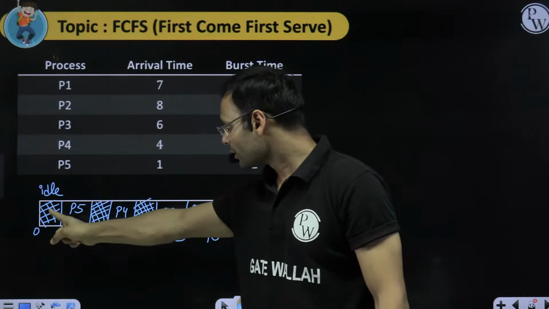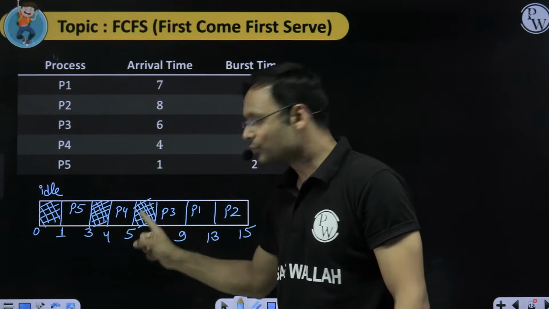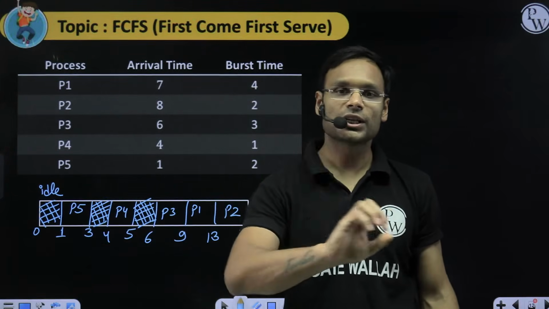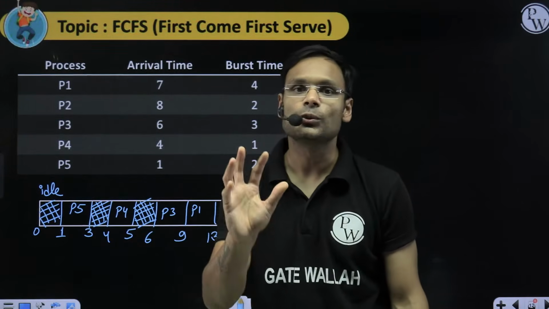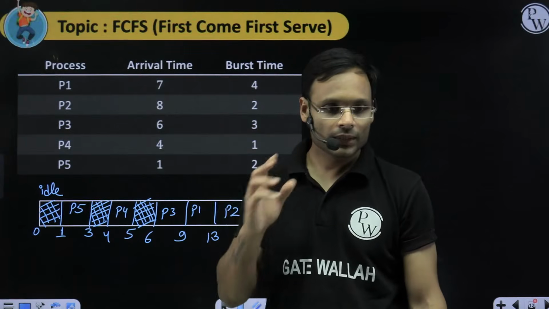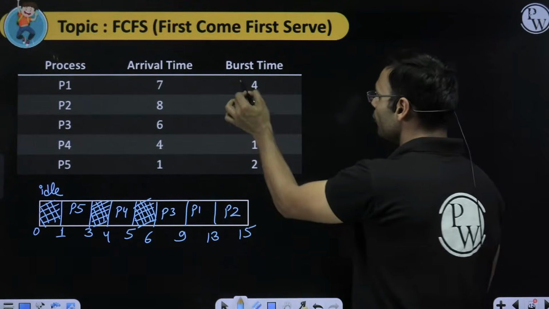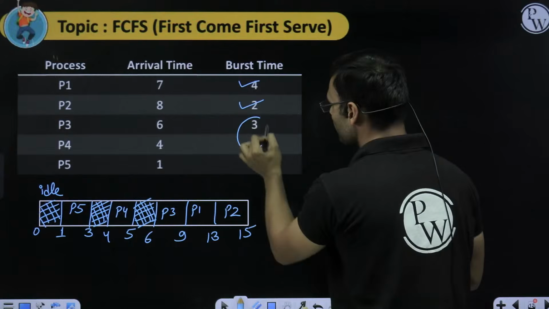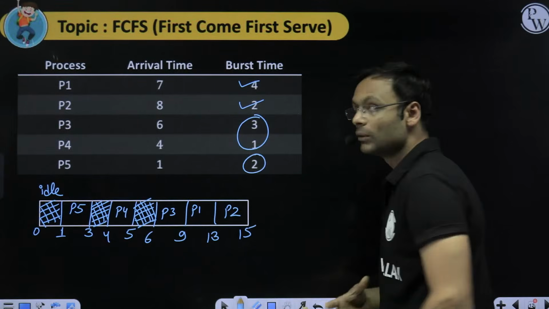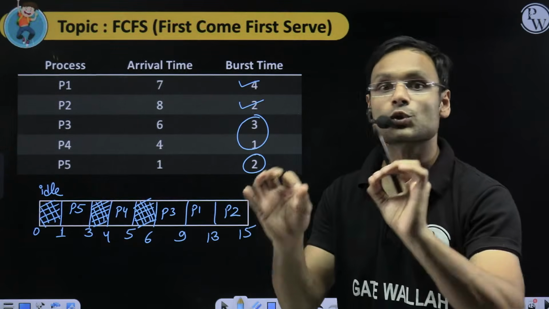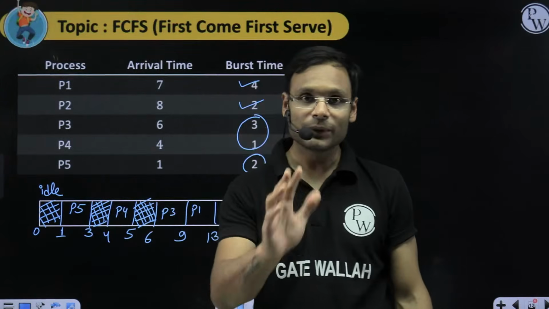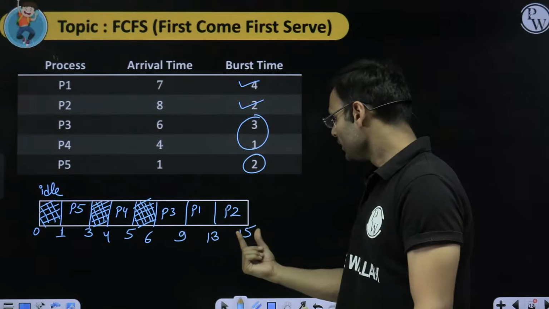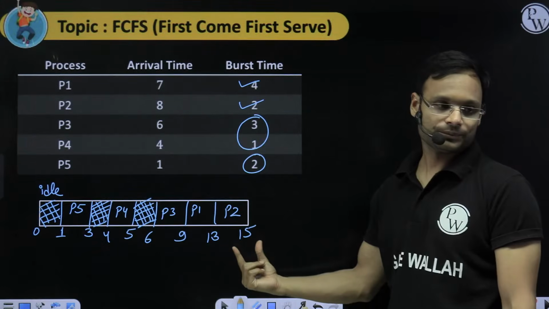Among that time duration 1, 2, 3, total 3 time units, the CPU was idle, was not executing any process. Look at this. 4 plus 2, 6 plus 4, 10 plus 2, 12. CPU usage time is 12, but 3 time units we have for idle period. 12 plus 3 is 15. Here we have 15.